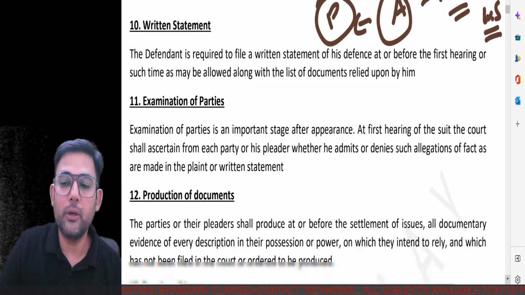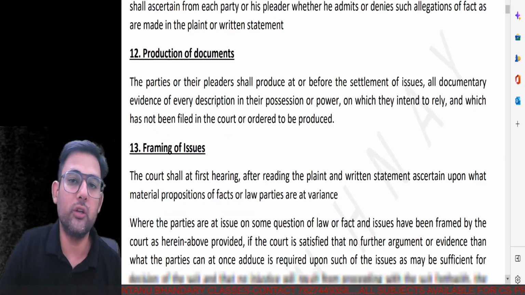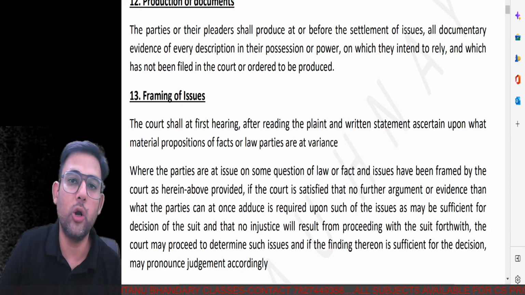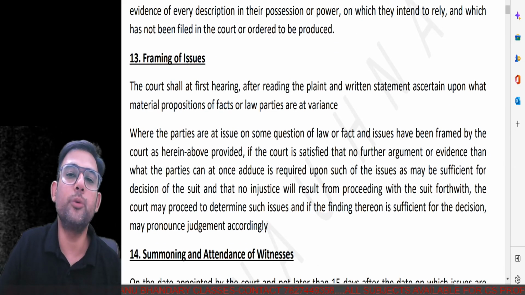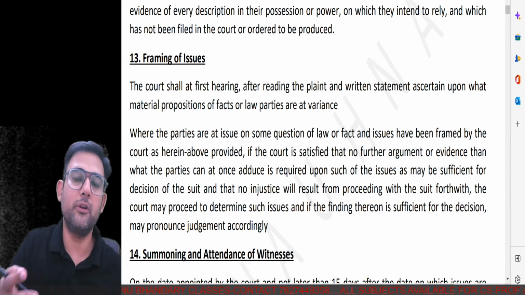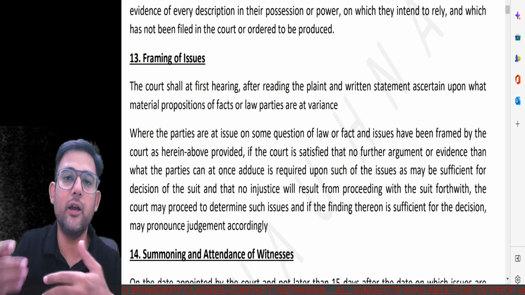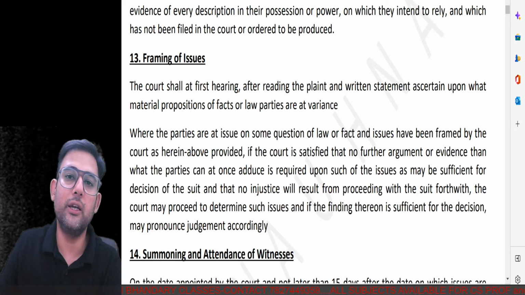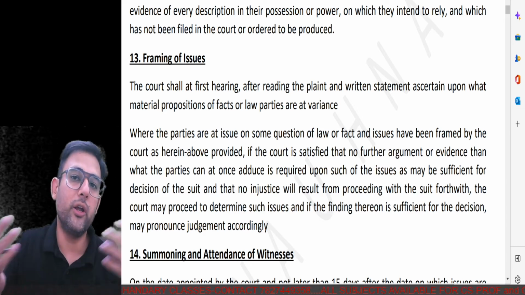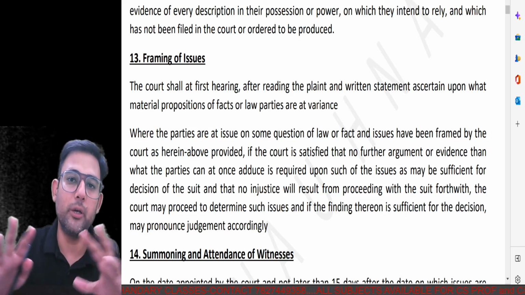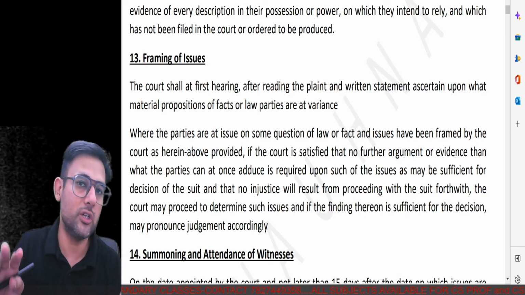Now the parties will be heard, the documents will be produced, and if required the witnesses will be called. The court will also examine the issue. Once the documents have been filed, A says I have this problem with B, and B replies. Then, after all the documents are provided, both parties will be heard in court.